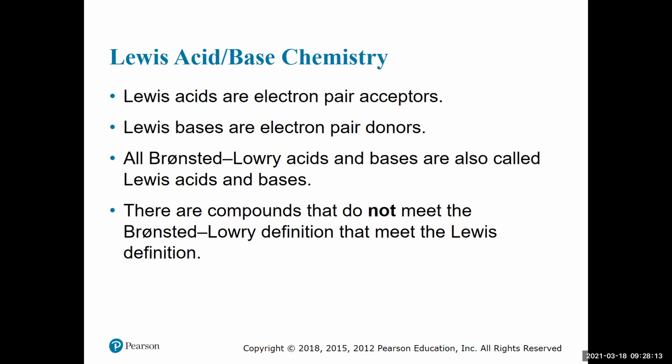Lewis acids are compounds that can accept a pair of electrons, and bases are electron pair donors. The Bronsted-Lowry acids and bases fit into this category, but not vice versa.